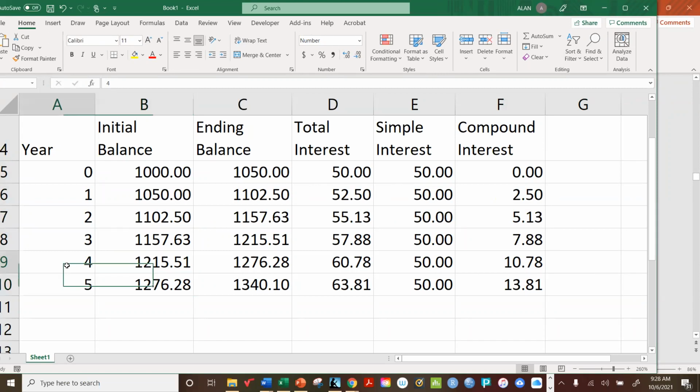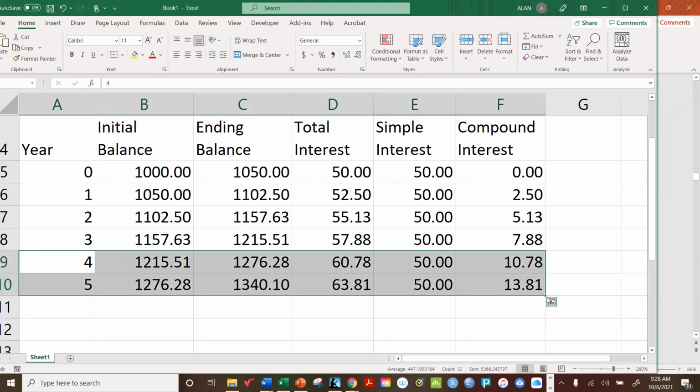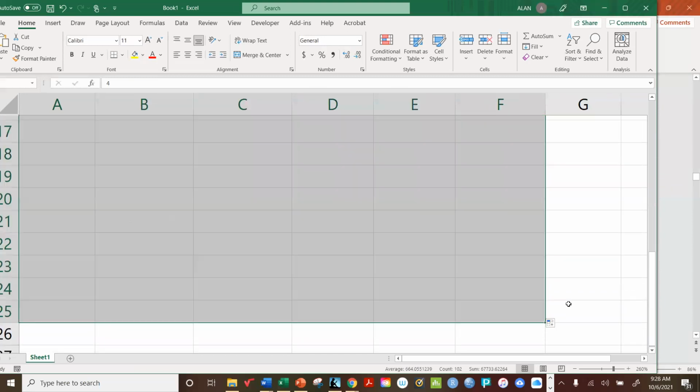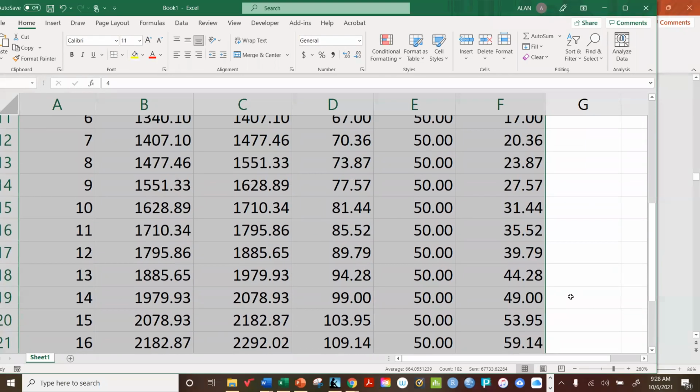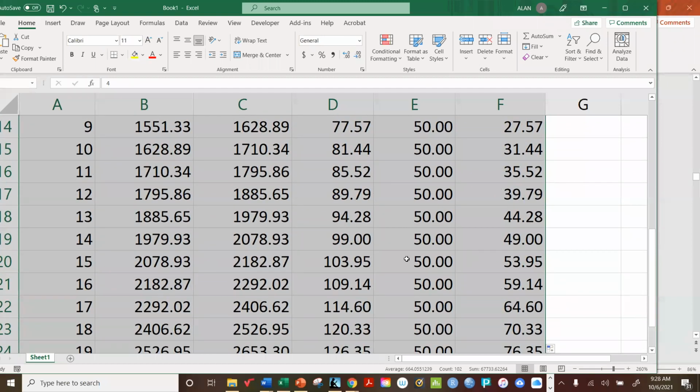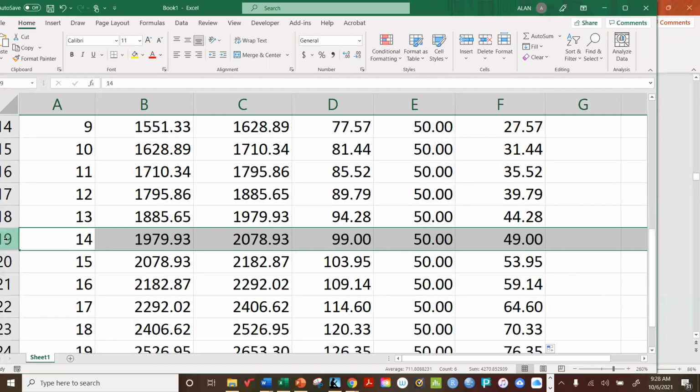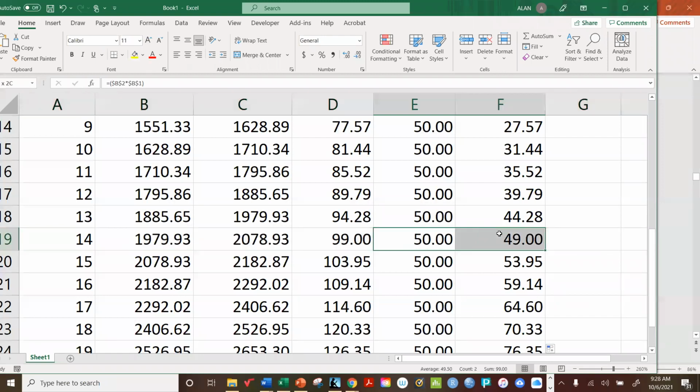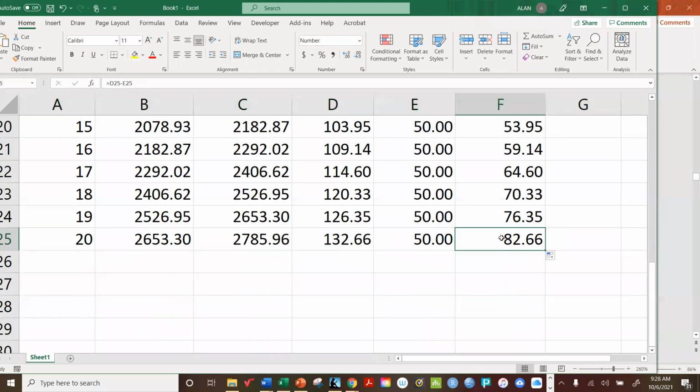So there will come a time when the compound interest is more than the simple interest. In fact, if we drag this down far enough, you'll see that this happens right about here, where they're roughly the same. And then after that, the compound interest grows.